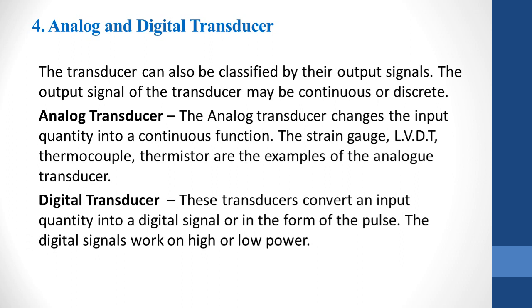The strain gauge, LVDT, thermocouple, and thermistor are examples of analog transducers. Digital transducer. These transducers convert an input quantity into a digital signal or in the form of pulses. The digital signals work on high or low power.